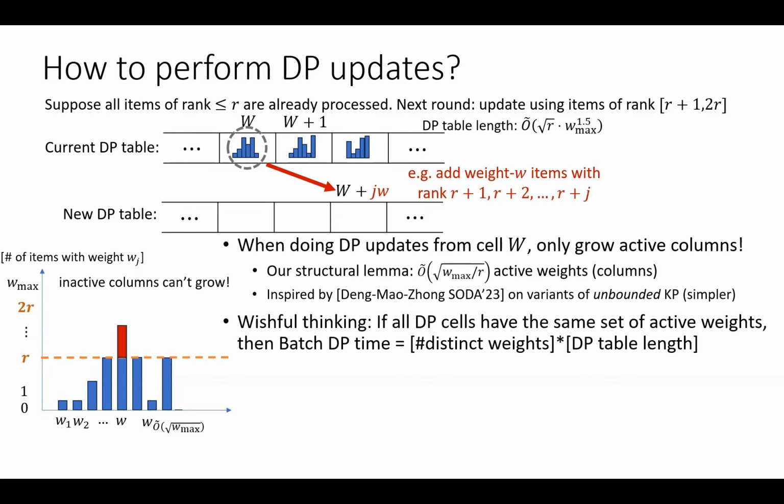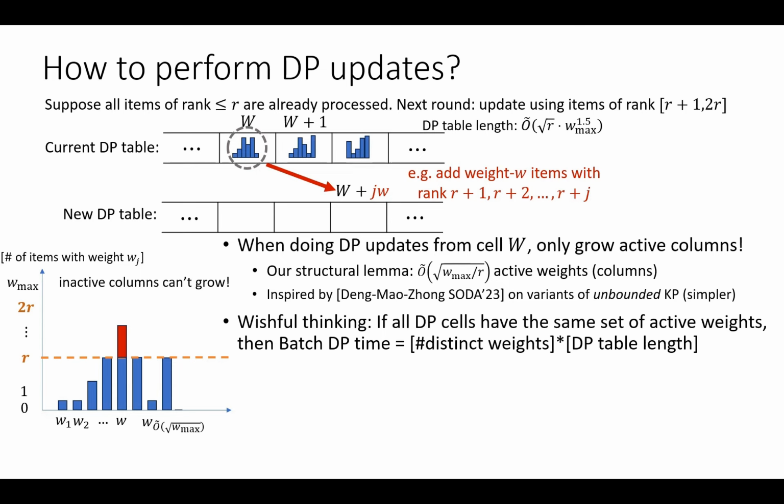So now let's consider the very ideal scenario where inside all the DP cells of the DP table, the active columns of these cells are actually the same set of active columns or active weights. Then this will mean that in total, there are only root of W max over R many active weights that we need to consider.